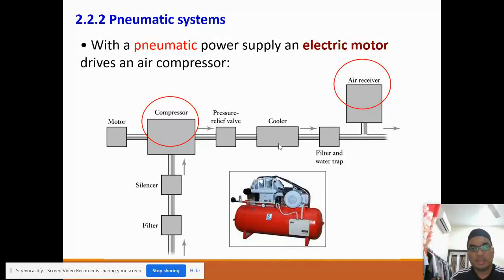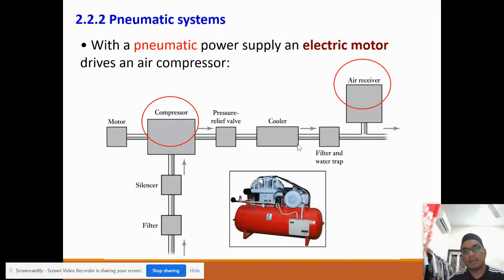Since it involves air, very high pressure air will produce an increase in temperature. So we must have a cooler system to reduce the temperature.